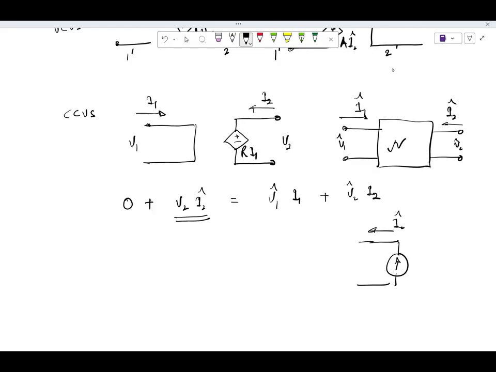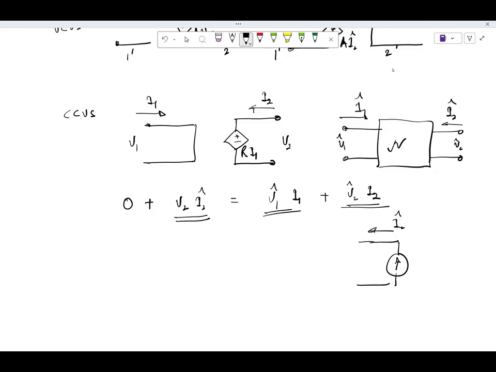And what about V2? So this term anyway. Okay. So what about this term now? Do I know I1 explicitly? I1 I know explicitly, right? Because it's a current controlled source. Input is current. So I know the I1. So there is no ambiguity here. Do I know I2 explicitly? No, right?